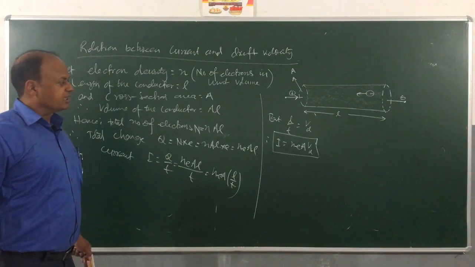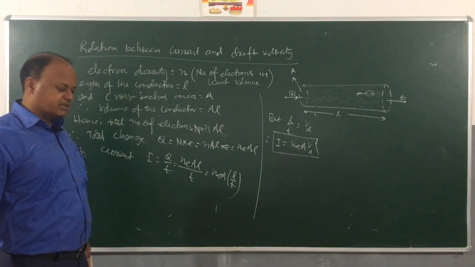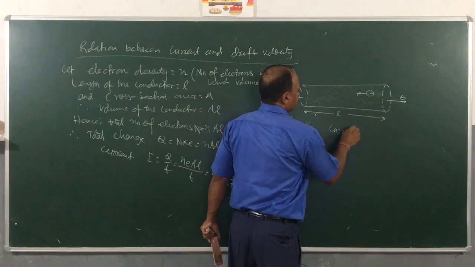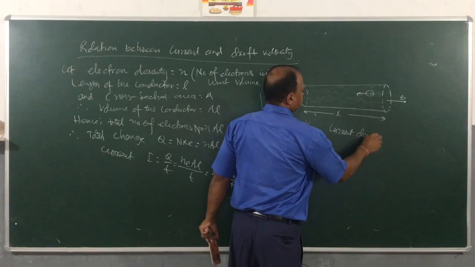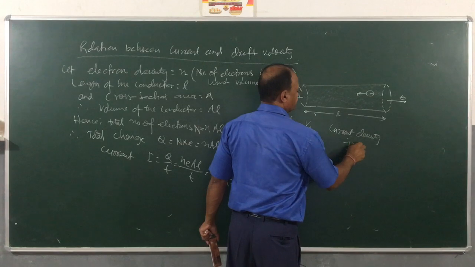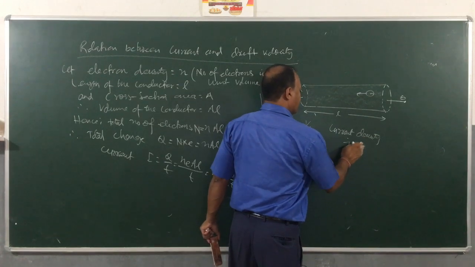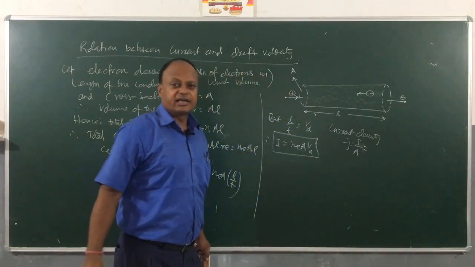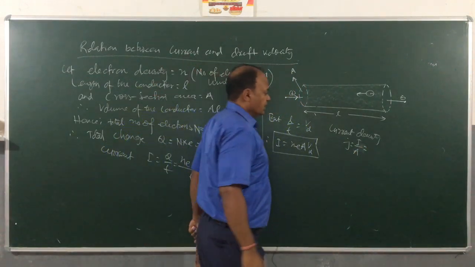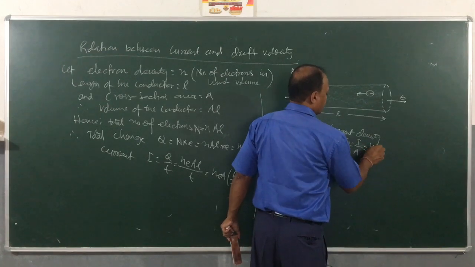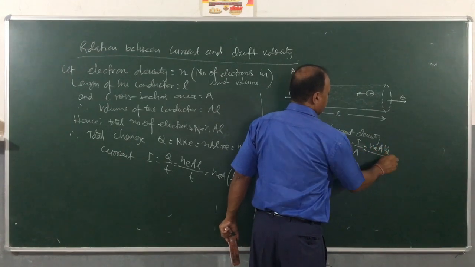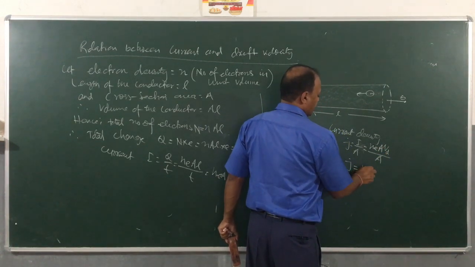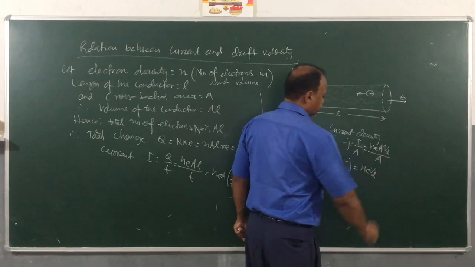Now once you calculate current, then you can also calculate current density. Current density J is equal to how much, children? I by A. Current through unit cross section area is called current density. Now if I put the value of I, n e A v_d divided by A, cancel out A and A, J is equal to n e v_d.